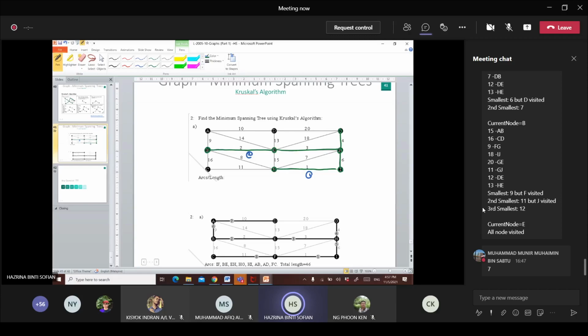So we cannot do 8, then we should do 9. This is 9. So we have visited all of the nodes. Okay, so this is Kruskal.